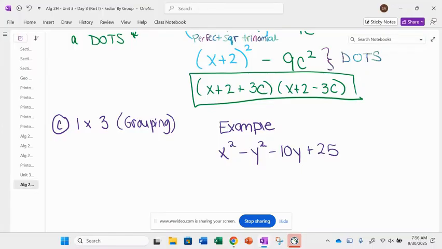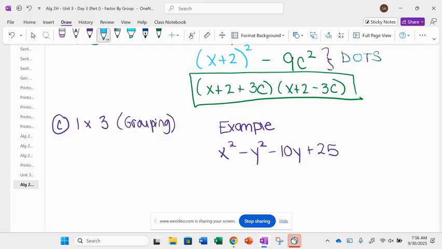We group 3 terms together, we leave 1 out. The thing here is the 3 terms I'm going to group together, I think it's pretty clear, right? The y squared minus 10y plus 25. That's something we can factor. We hope that it's a perfect square trinomial.